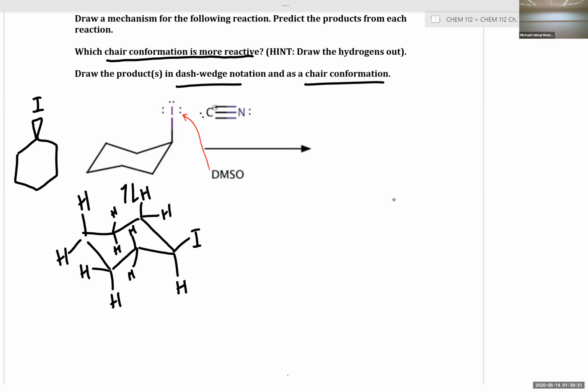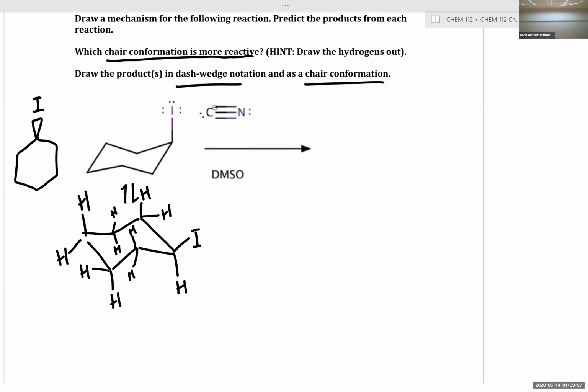So cyanide's going to function as the nucleophile. And instead of attacking the iodine, which is our leaving group, it's going to attack the carbon that the leaving group is attached to. So let's talk about this problem as a group.